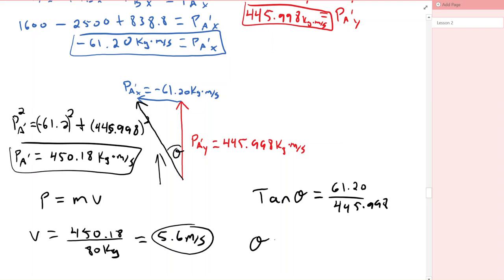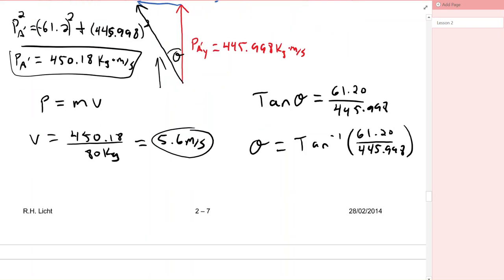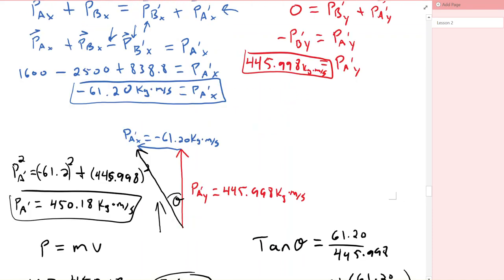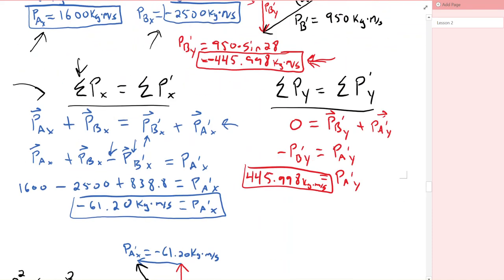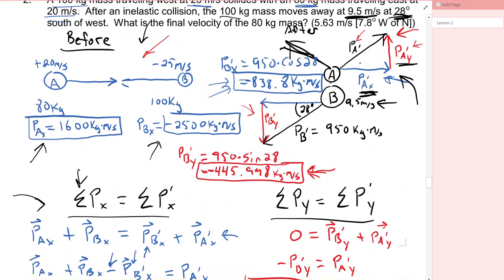So the angle is equal to tan negative 1 of 61.20 over 445.998. Okay, so the angle is 7.8 degrees. All right, so is that the same as the one they had? I bet you it might not be. It is. All right, they did the same as me.